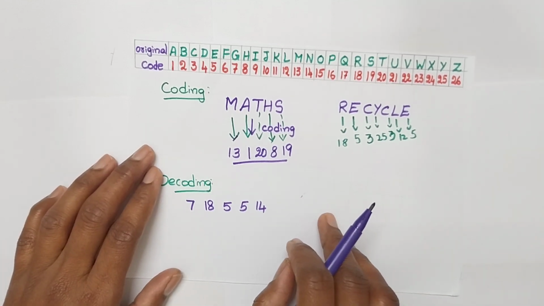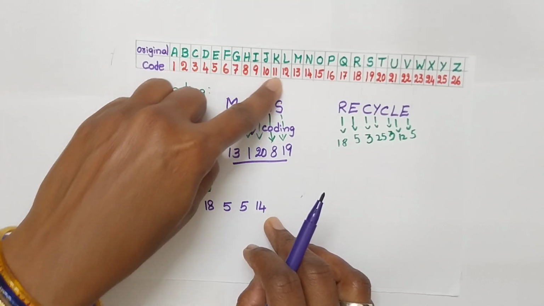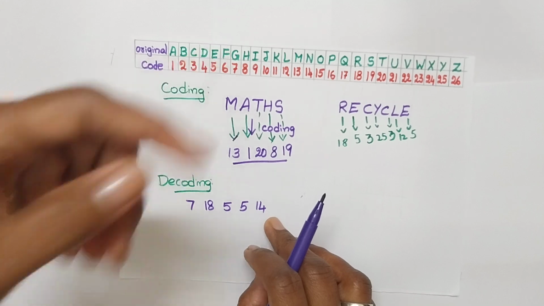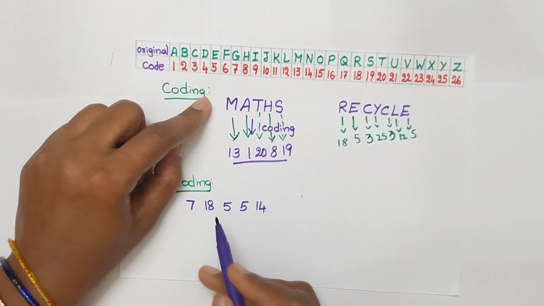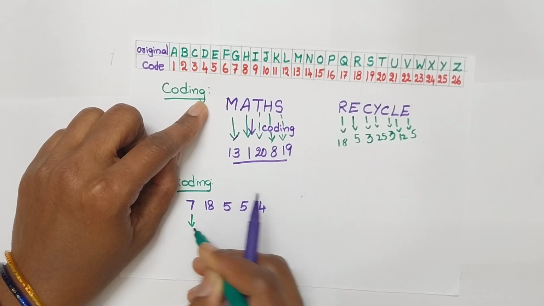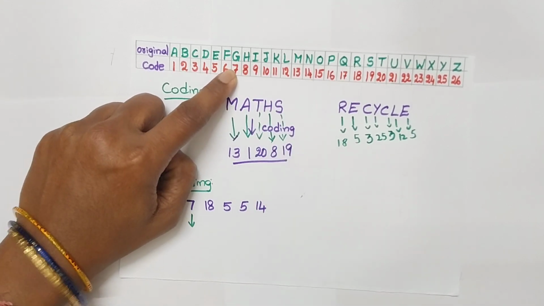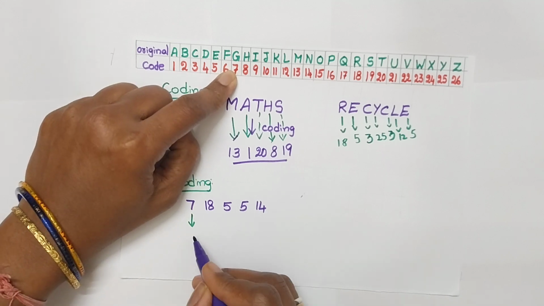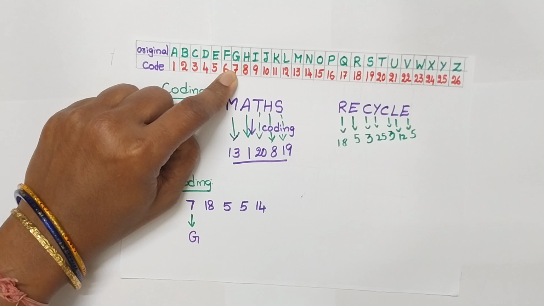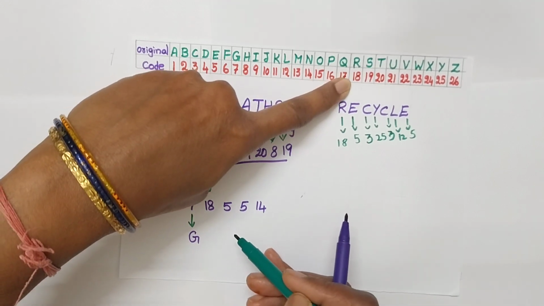How to do decoding? For decoding, we have to check the numbers in the second line and take the letters from the first line. So first I check the number 7. Where is the number 7 in the second line? Here. The proper letter of 7 is G. The next number is 18. Where is the 18 in the second line?